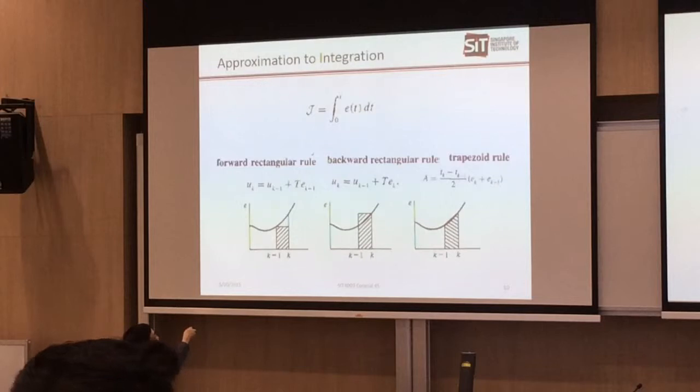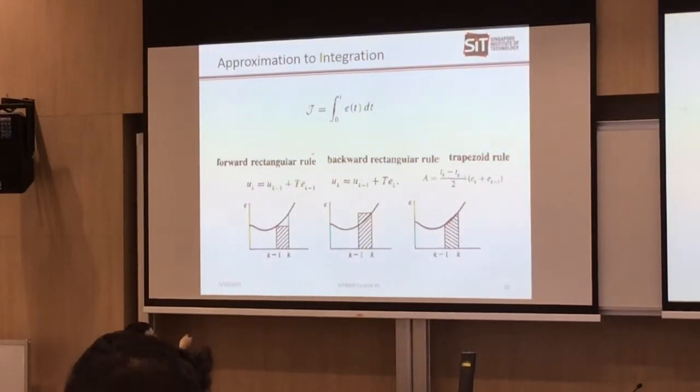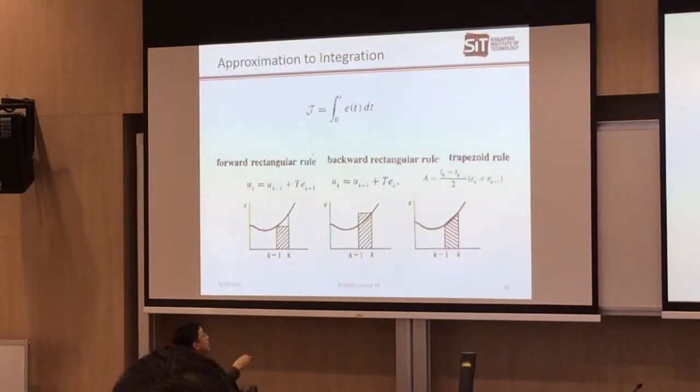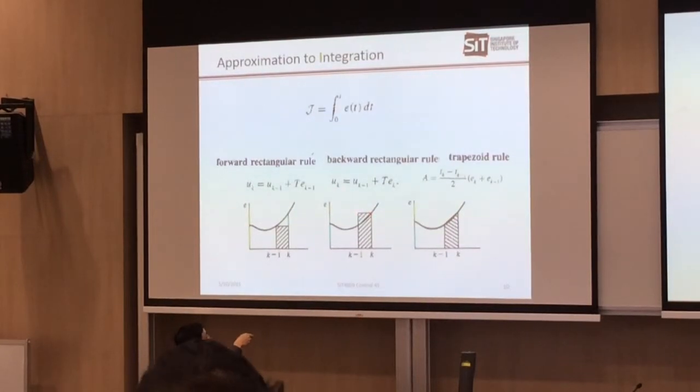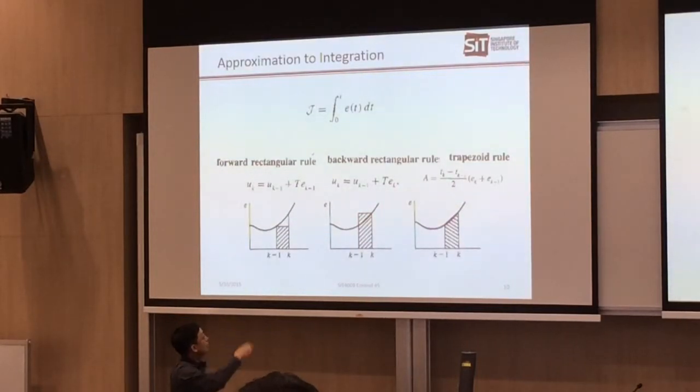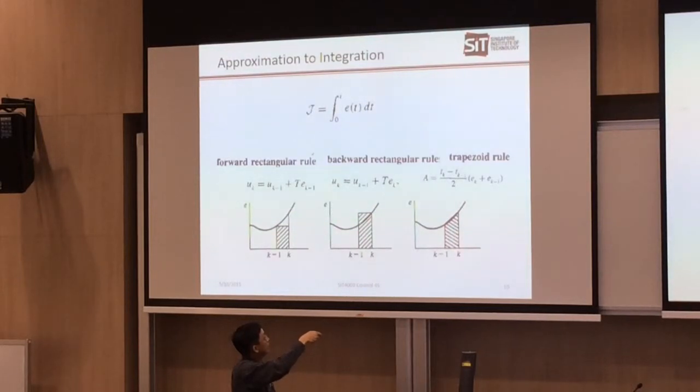So this is the forward rectangular. You can also look at the backward rectangular. It means we are going to take the current input backward to form the rectangular. Then this is your output. Or you can also take the trapezoidal, so you take the average between your current and the previous one. You bring this one as the trapezoidal, then you take the average.